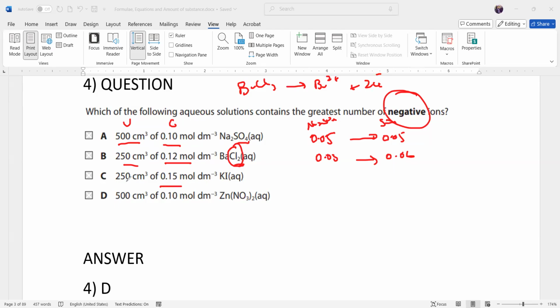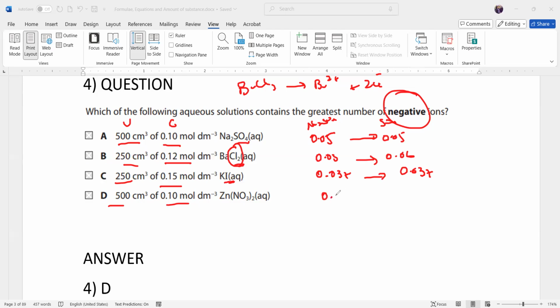What about option C? 0.15 times 0.25, because volume should always be in decimeter cube. So 0.037. And how many negative ions? It's only one, so it will be the same, 0.037. What about the last one? 0.1 multiplied by 0.5.